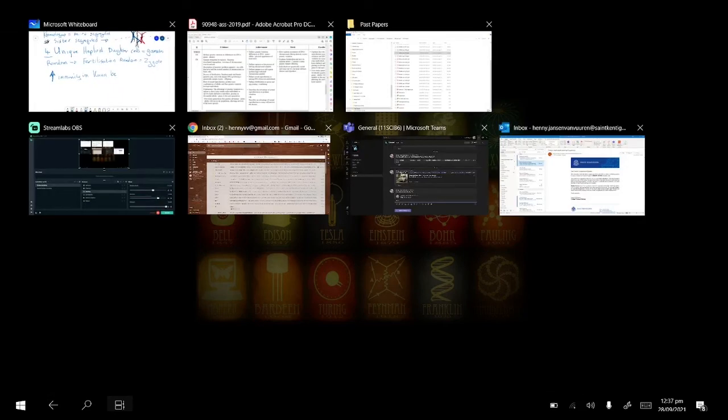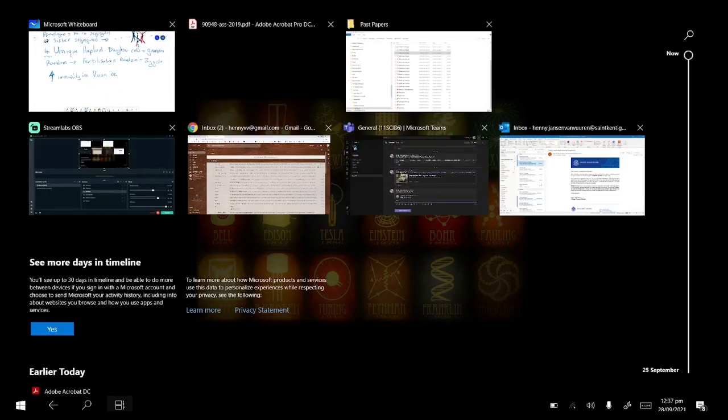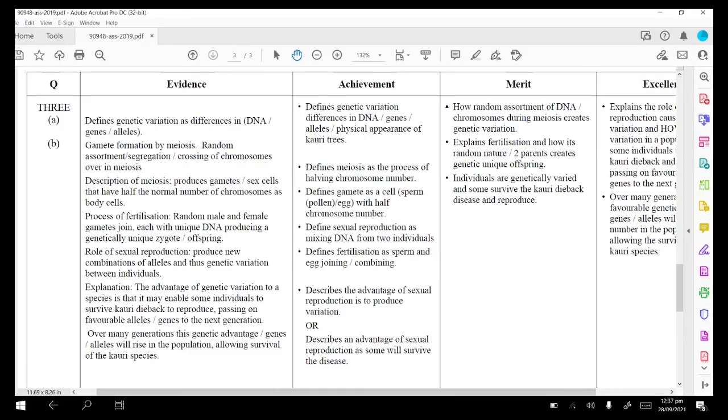I'm trying to write as fast as I can, that's why I'm not writing full sentences, otherwise you're going to get so bored. So, define genetic variation as the differences in DNA or genes and alleles. Yes, we did that. So define it as the differences in the number of alleles specifically. Okay, so we got an A. Gamete formation is by meiosis, random assortment, segregation, crossing over of the chromosomes in meiosis.